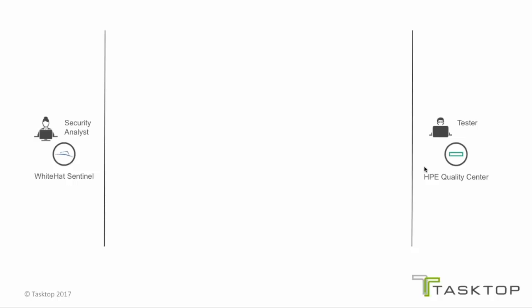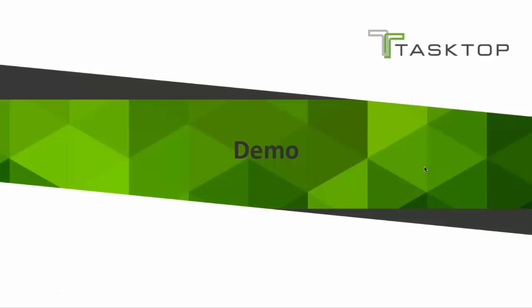And just to reiterate, the use case that we're going to see today, we're going to take DAST vulnerabilities, dynamic vulnerabilities from WhiteHat, and insert those into HP, and subsequently into Jira, and also into SQL for analytics. So with that, let's actually see the tool in action.